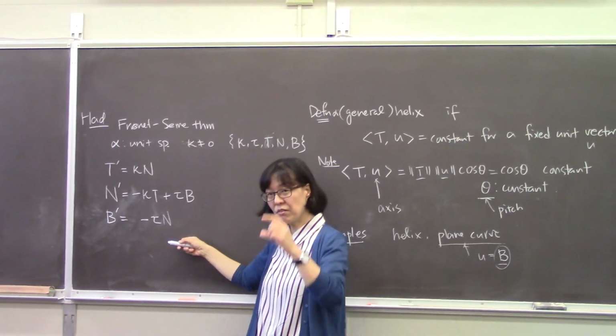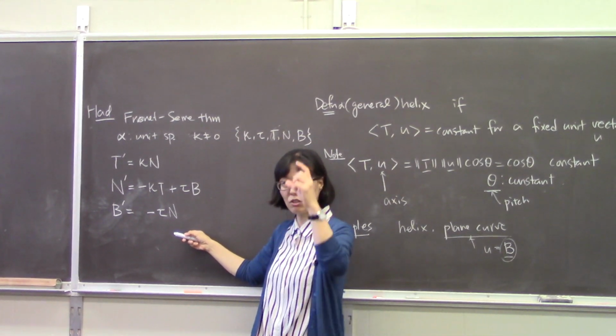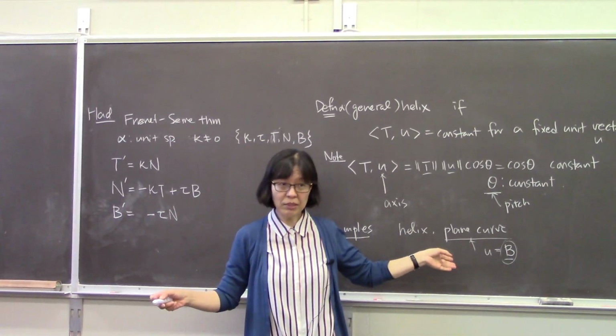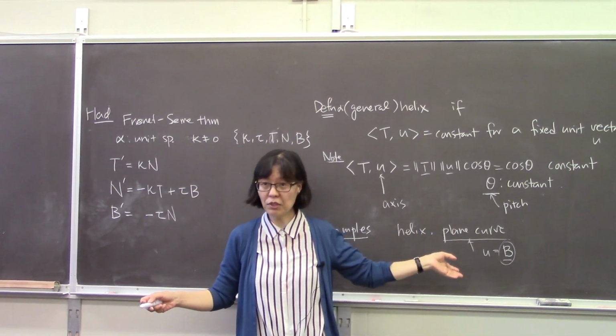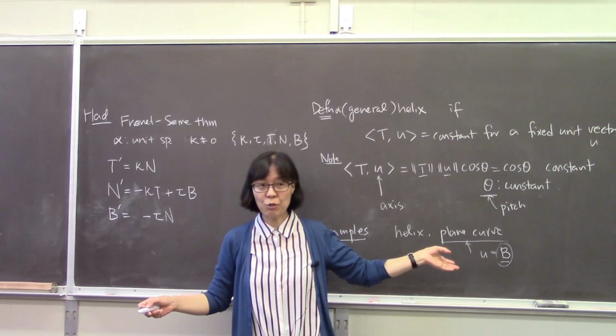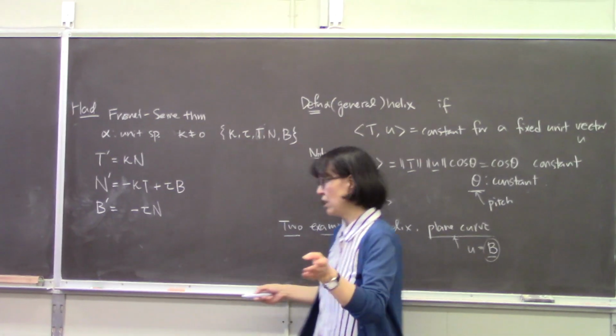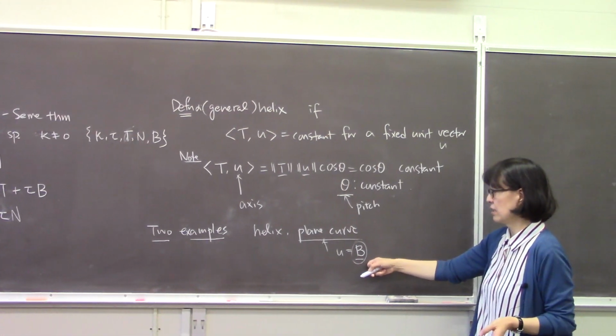We have three equivalent conditions: the curve is a plane curve, torsion is 0, and B is a constant. So B is constant and unit.